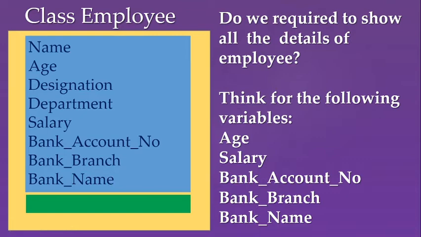In short, some details we require to hide and some details we require to publish. That can be done using abstraction or data hiding. It can be done using the public, private, protected access specifiers. In Java, we have a default or package access specifier also.